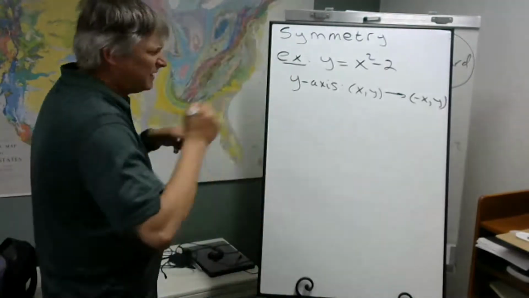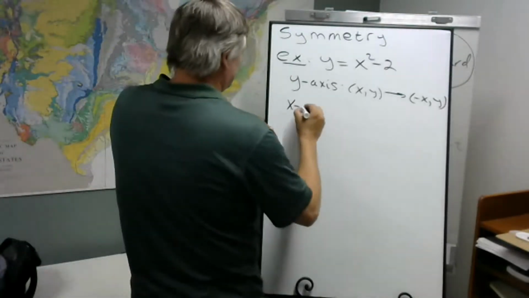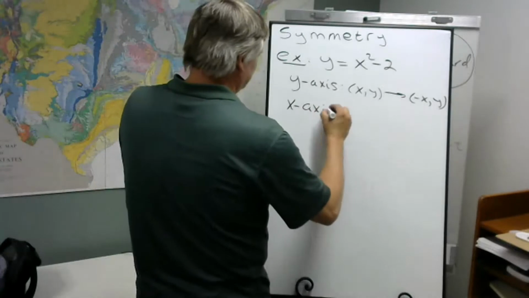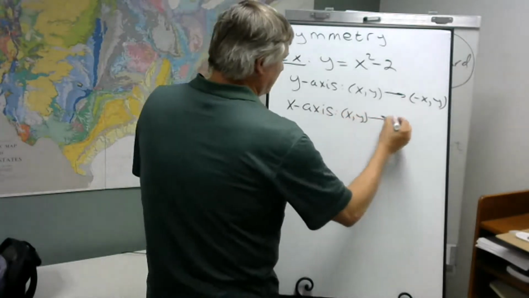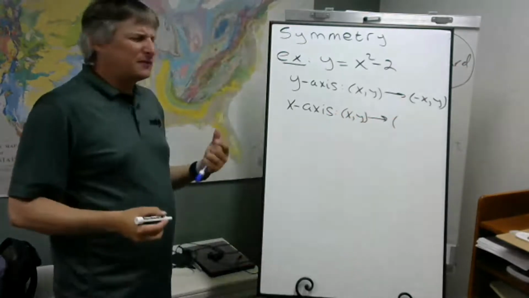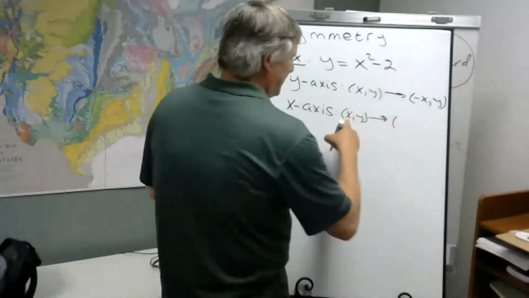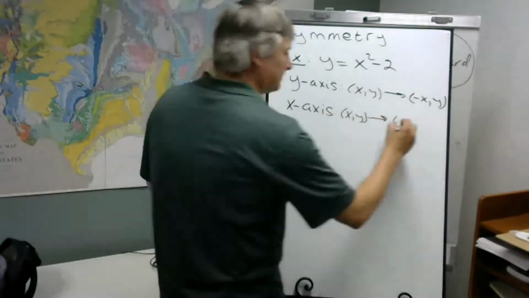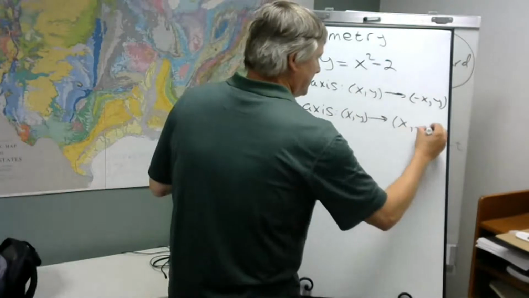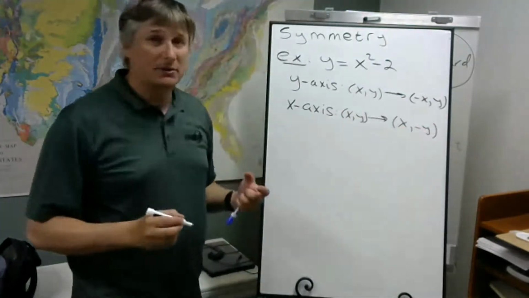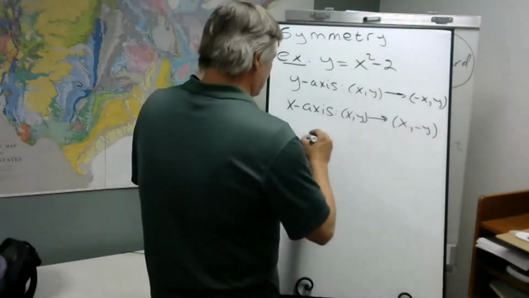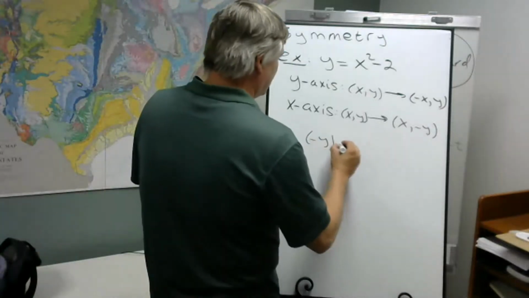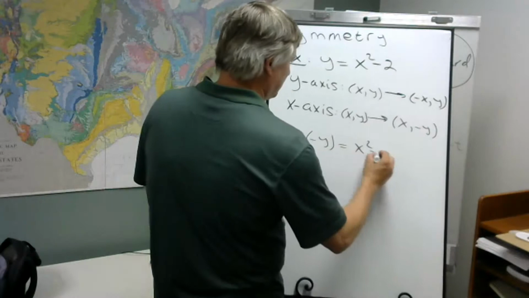So let's see. X-axis. Is something symmetric across the x-axis if (x, y) satisfies the equation? (x, negative y) satisfies the equation. So let's see if this works. Negative y is x squared minus 2.